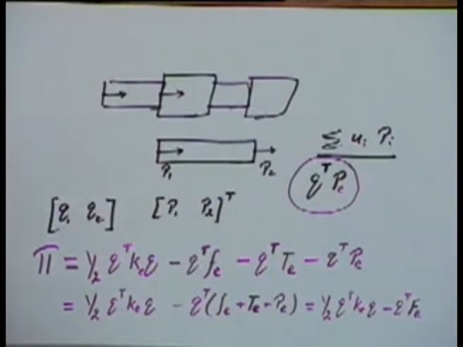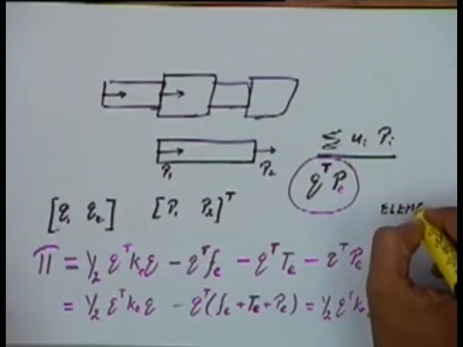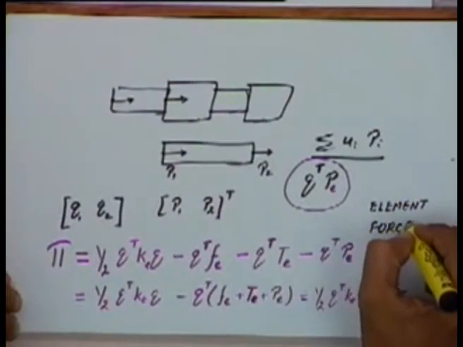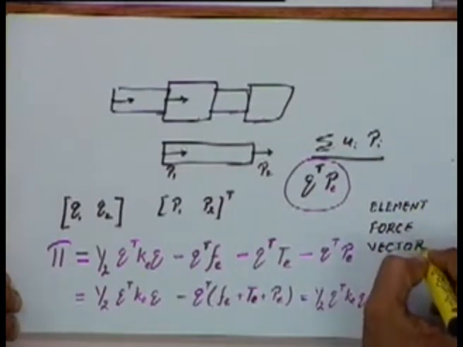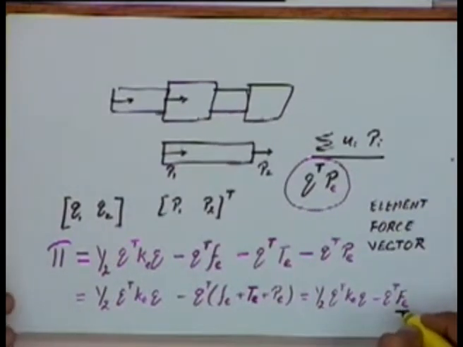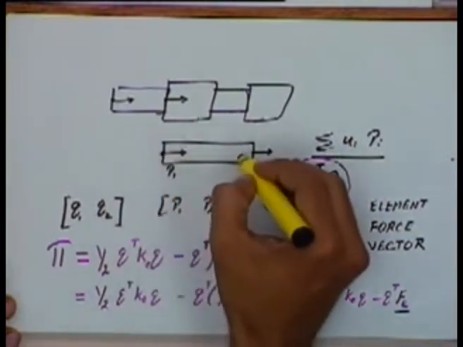Okay, where this FE, capital FE that I have used, is what I call the element force vector. Now this element force vector is found by taking the total body forces acting on the element, dividing them equally into two parts, one part at the first node, the second part at the second node.